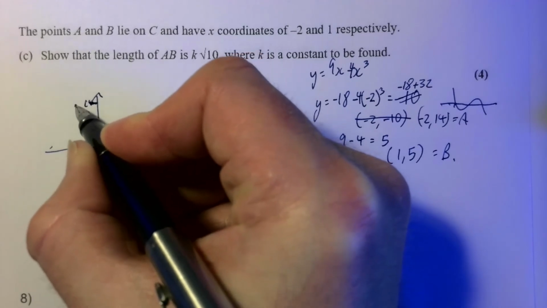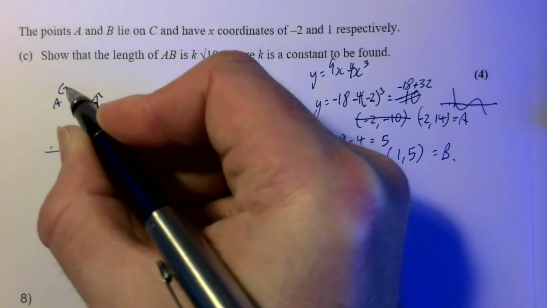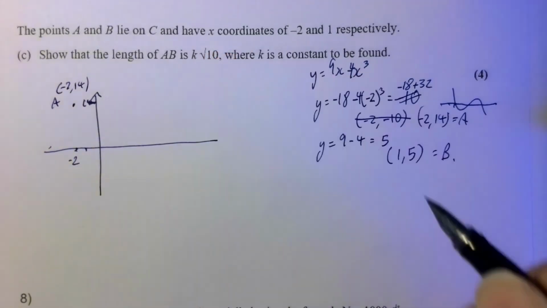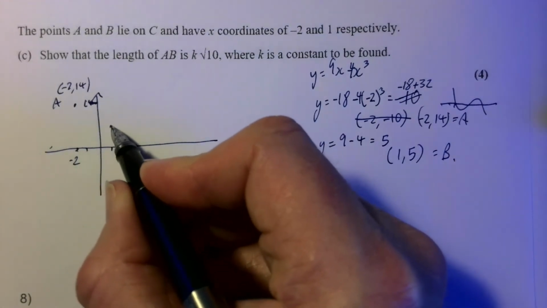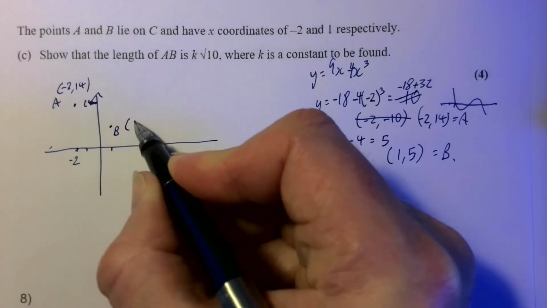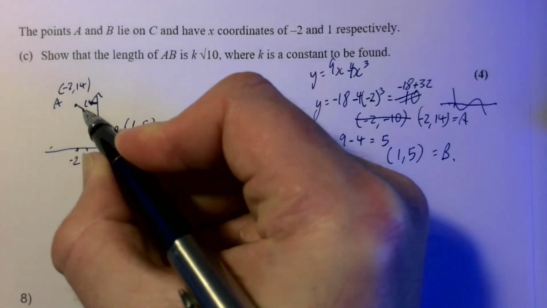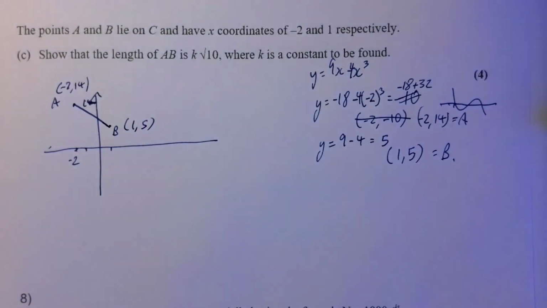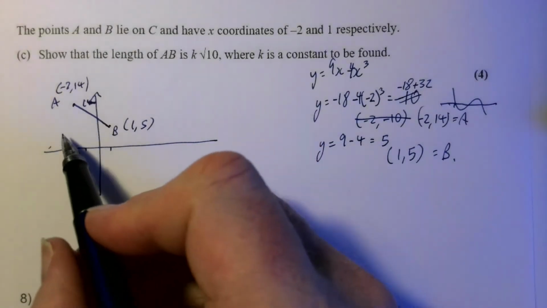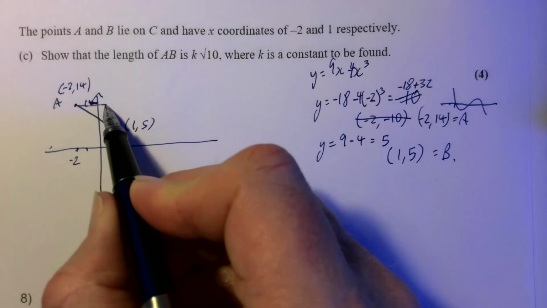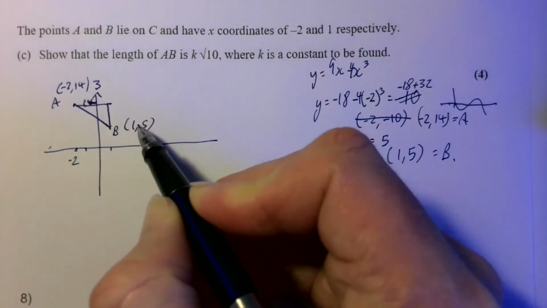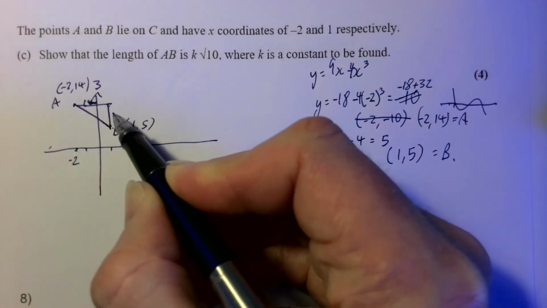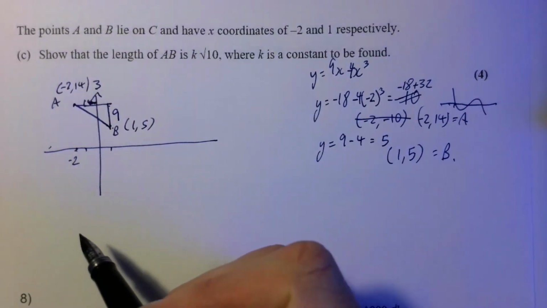So A is at -2, 14, and then B is at 1, 5, so that's going to be about there and there, 1, 5. So it's not a very to scale sketch or anything, but it doesn't matter. All I then need to think about is from -2 across to 1, that's 3. From 5 up to 14, that's 9.